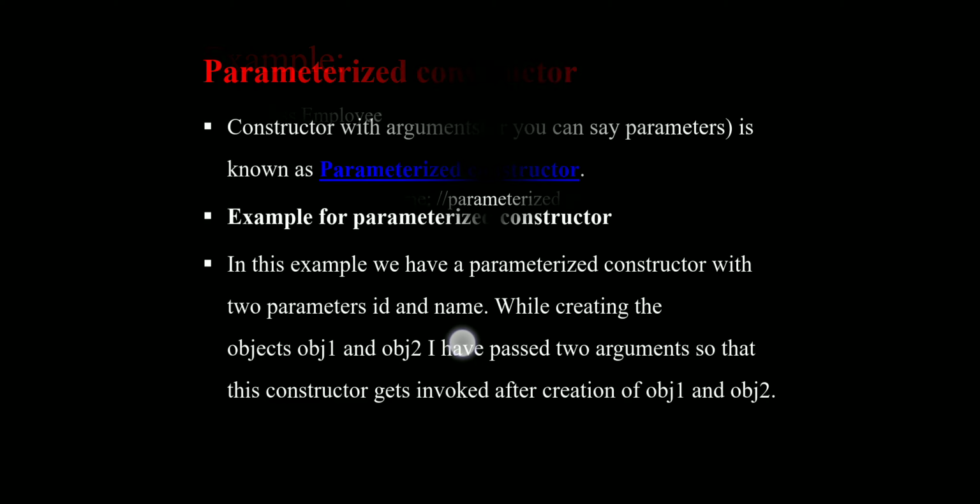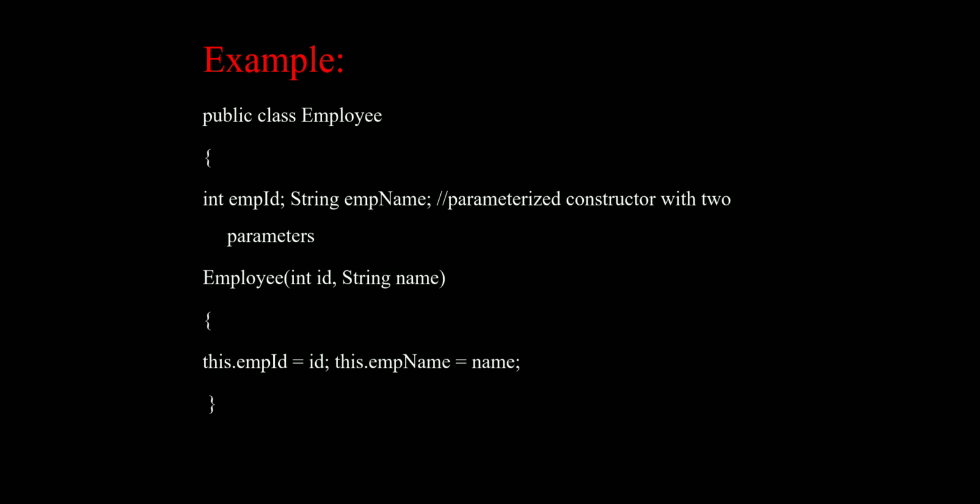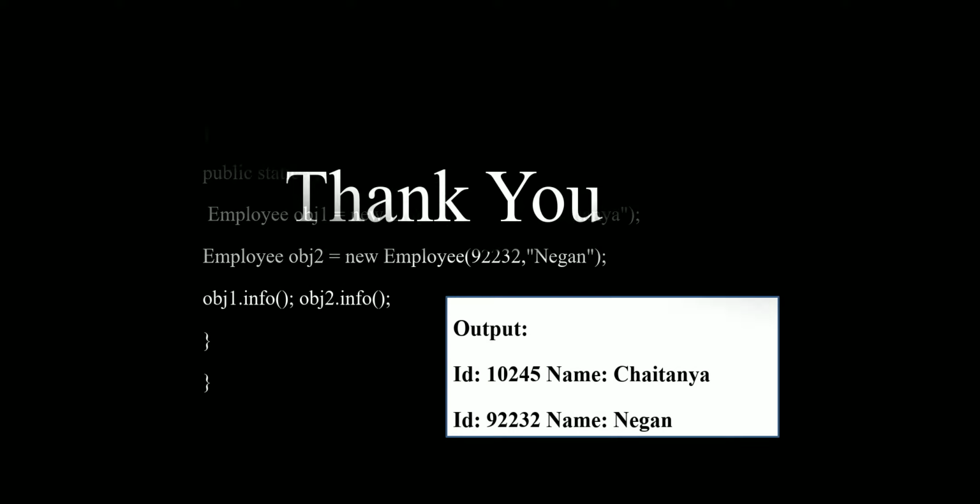In the previous example we didn't pass any values in a constructor, that is called a default or no-argument constructor. In this example we pass the arguments, that is id and name. This is called a parameterized constructor. These are the two types of constructors used in the Java programming language. Thank you.